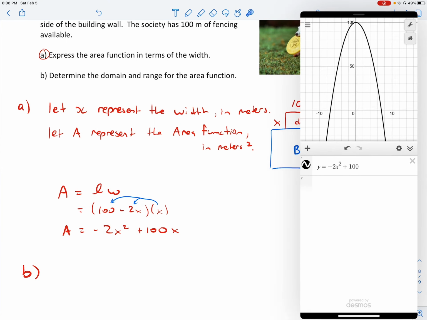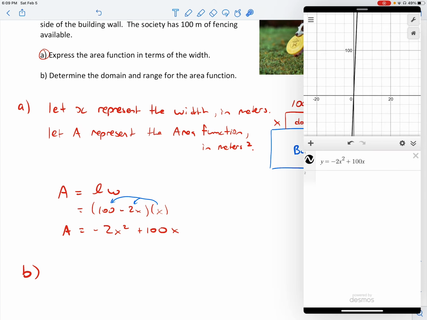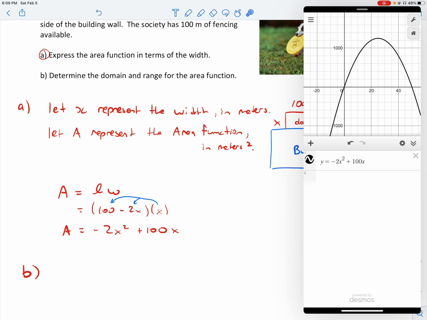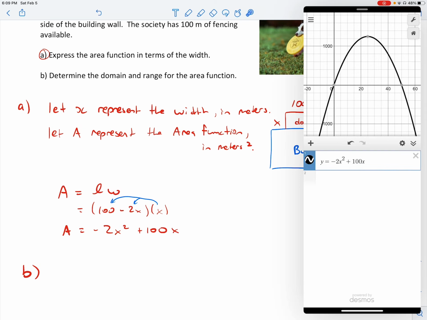I pulled it up already right here, the equation. So negative 2x squared plus 100x. We can see it's a parabola. It opens downwards, and it has an intercept at 0, 0, another one at 50, 0, and another one at 25, 1250. So this is the area function that I just graphed here.